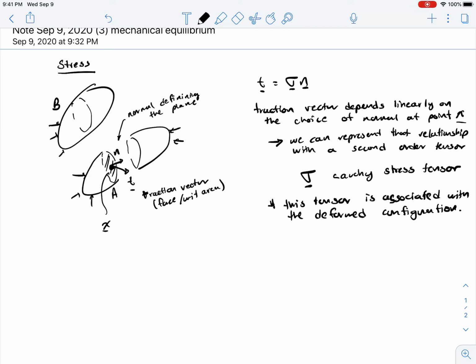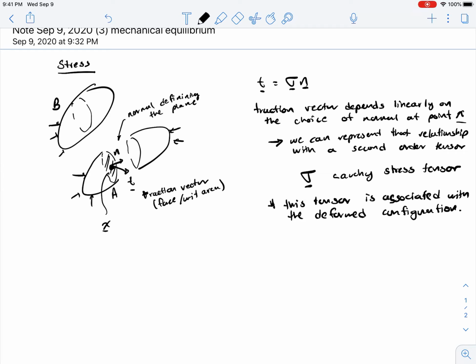And just keep in the back of your mind, because as you can probably guess, we can have things that are related to stress that are defined with respect to the reference configuration. Hopefully homework 2, which has some problems on the velocity and acceleration plotted in the reference or the deformed configuration, will give you some idea.